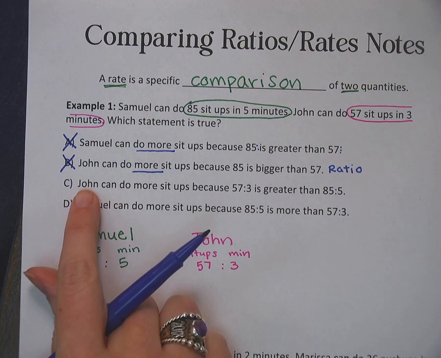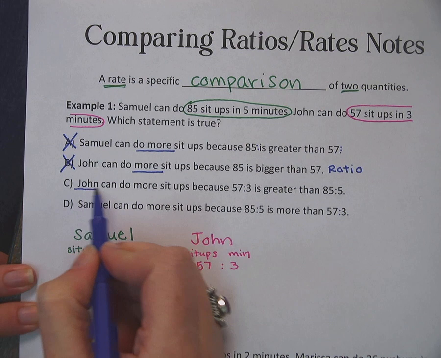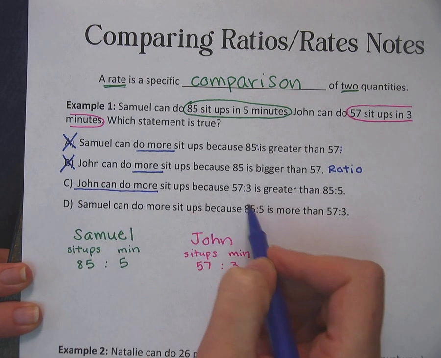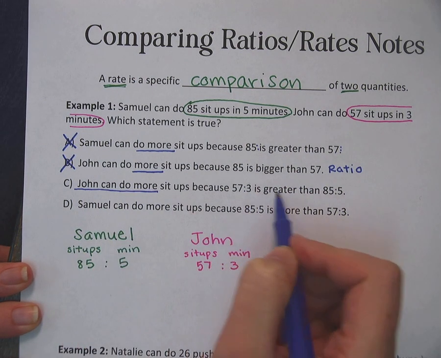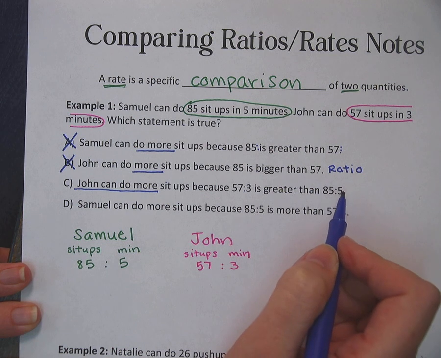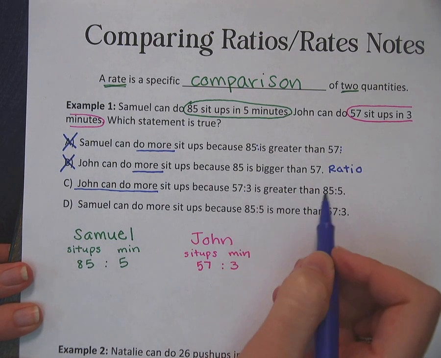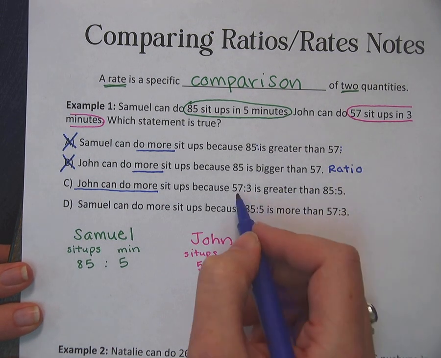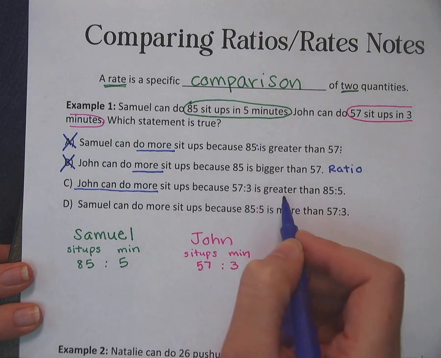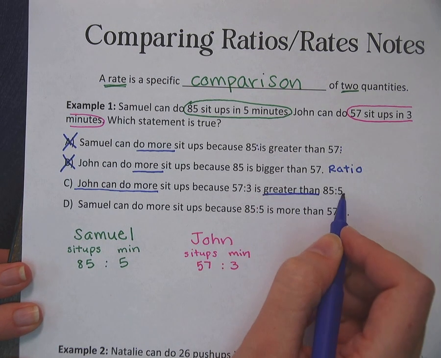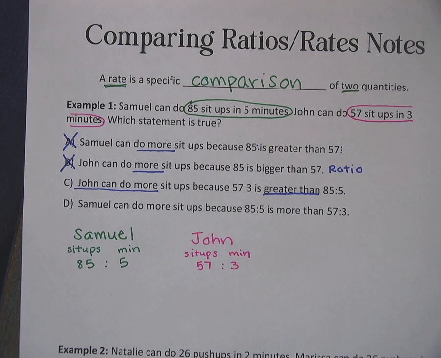Okay, C, John can do more sit-ups, so it's saying John can do more because 57 is greater than 85, 5. So now we're using the ratios, and it's saying 57, 3 is greater than 85, 5. So we have already discussed we can compare ratios by using butterfly.